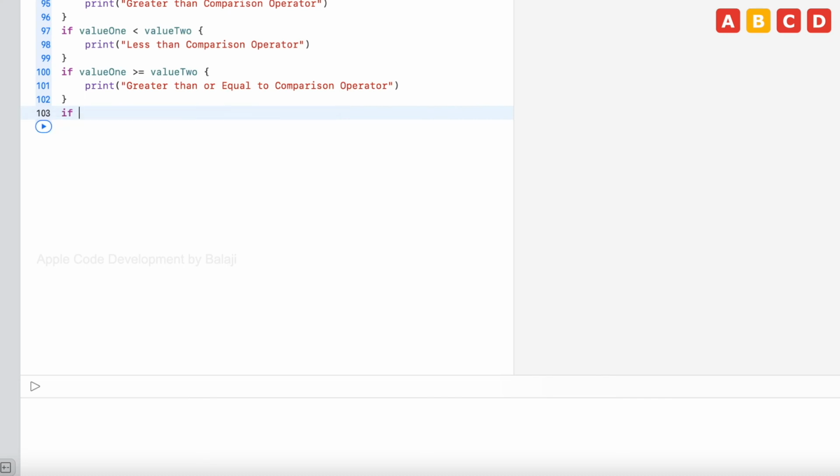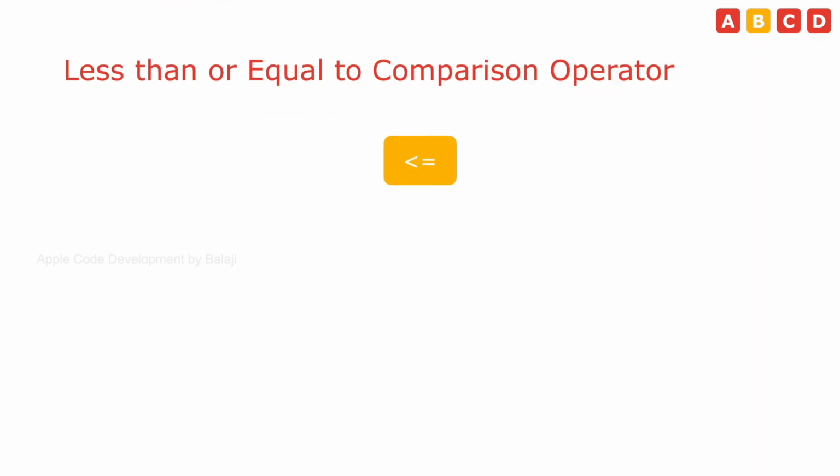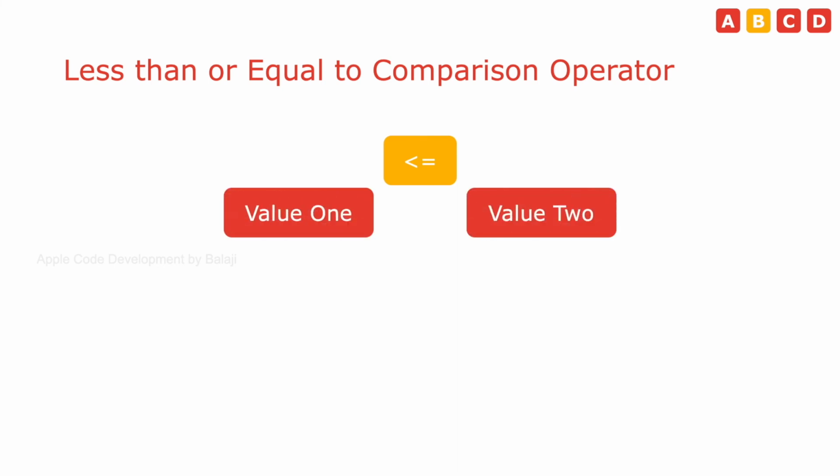The last is the less than or equal to comparison operator. It is used like value 1 less than or equal to value 2. Here the right side open parenthesis and equal to will check whether value 1 is less than or equal to value 2.